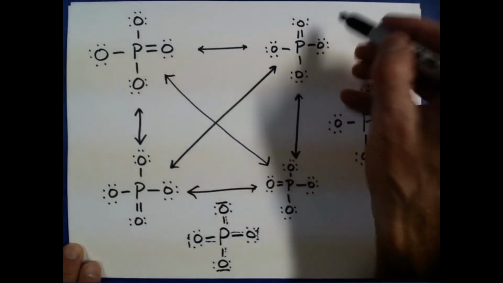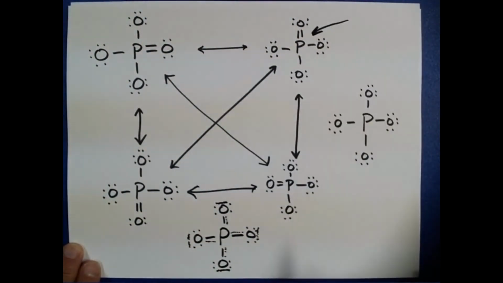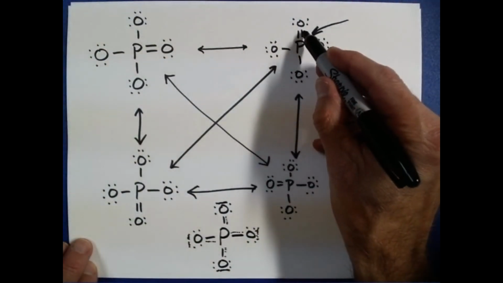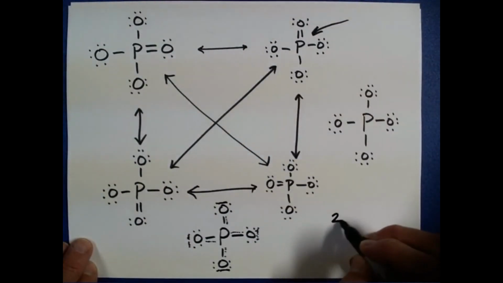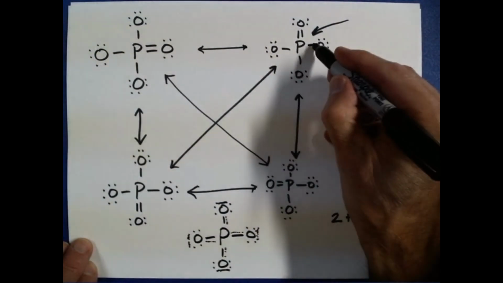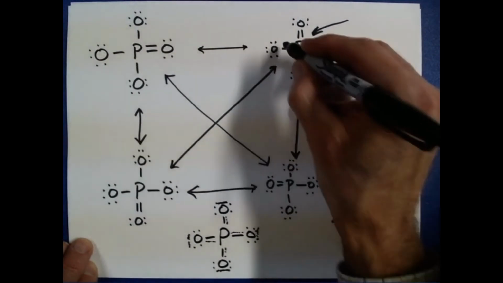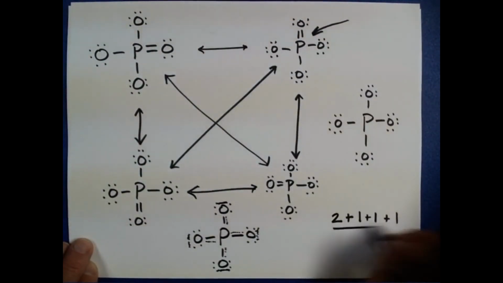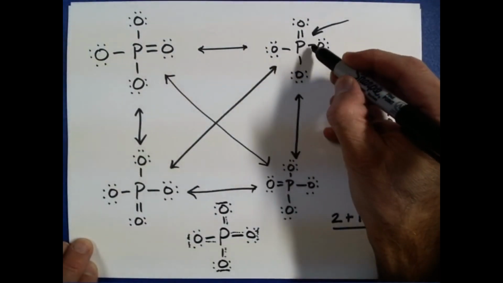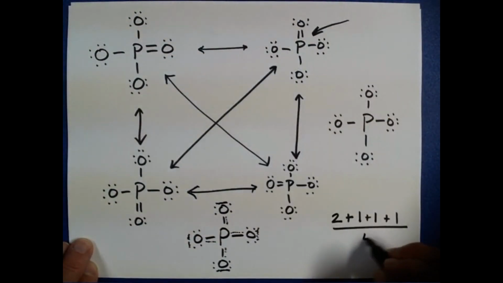Then we can calculate the bond order in this particular, it's the phosphate ion. So what we do is we're going to assign the value of 2 here for the double bond, 1 here for the single bond, 1 here for the single bond, and 1 here for the single bond. And we're going to divide that by the 4 phosphorus-oxygen connections.